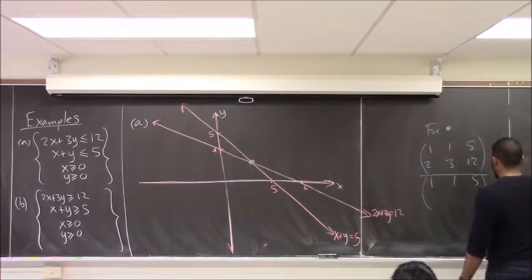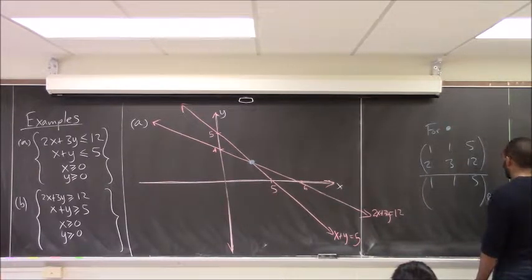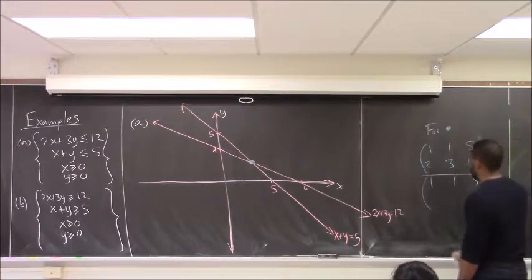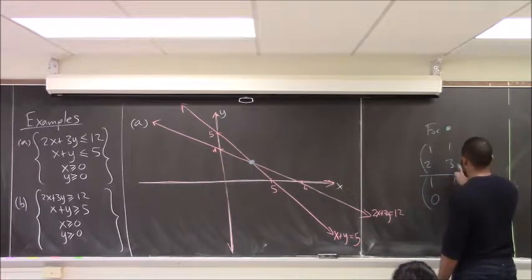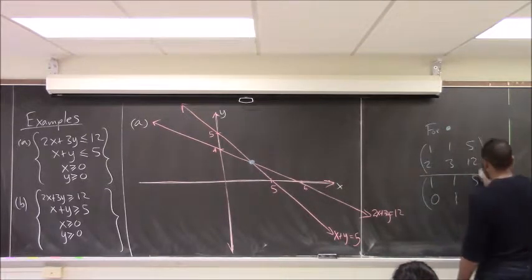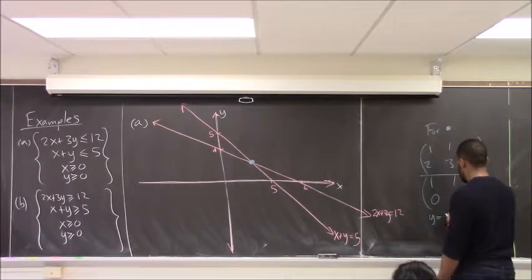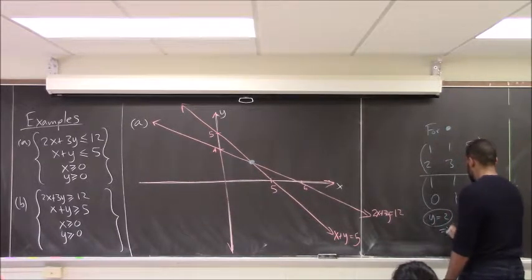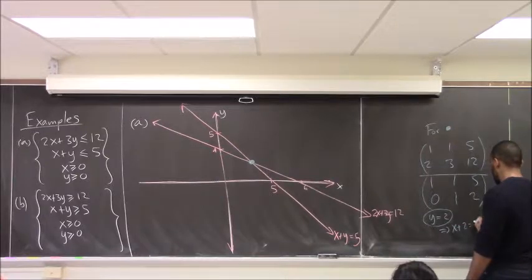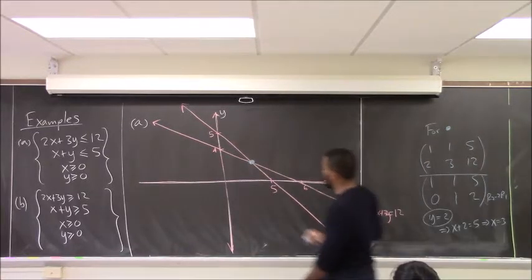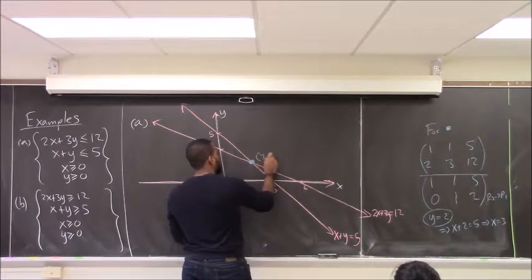You take row 2 minus 2 row 1. This minus 2 times that, this minus 2 times that, this minus 2 times that. I get y must equal 2. Then, since x plus y equals 5, this must mean x equals 3. So this is the coordinate 3, 2.